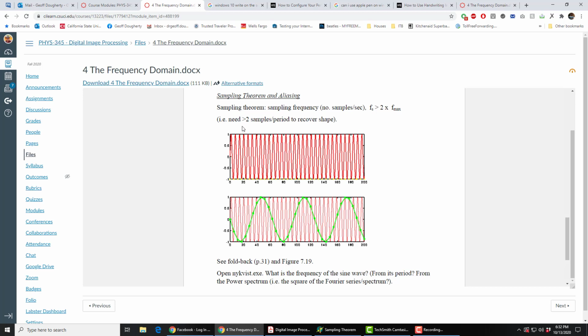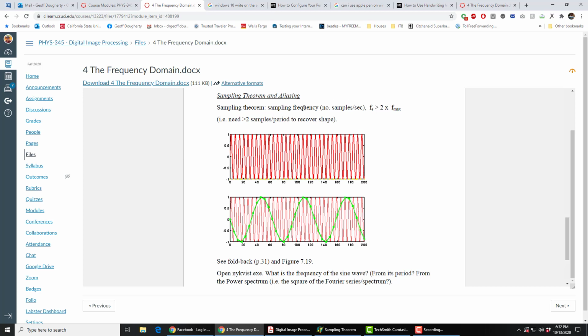Better if you do more than 2. And this is the same as saying that the sampling frequency, that is the number of samples per second that you take, should be greater than twice the frequency that you're sampling. Or if you're sampling a mixture of frequencies, at least twice the maximum frequency in that mixture.